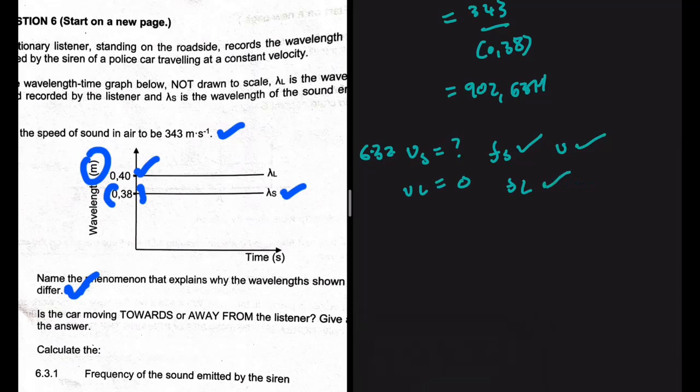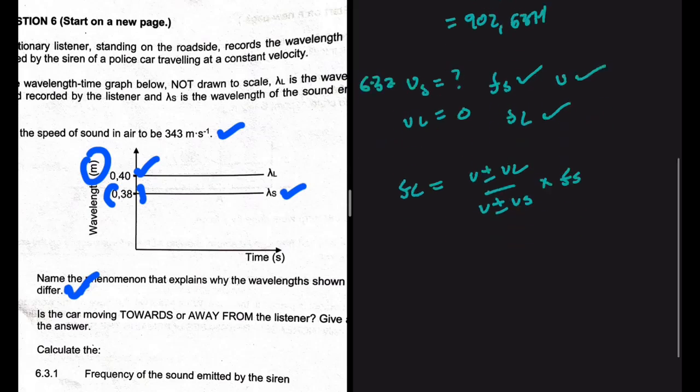So with these variables, we can say FL is equal to V plus or minus VL, divided by V plus or minus Vs, multiplied by Fs. So FL, the frequency observed by the listener, we're going to say 343 divided by the wavelength, which is 0.4. So this is the frequency observed by the listener. And then we have V, which is 343. The listener is stationary, so plus or minus 0.